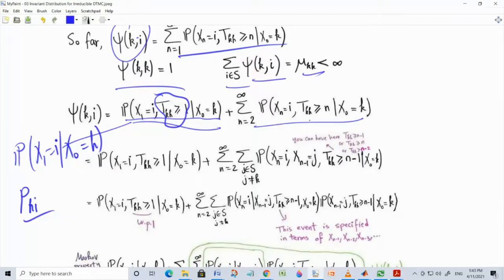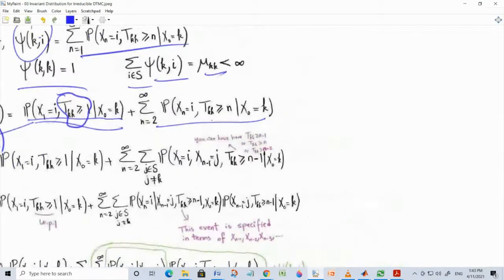Now we have a summation that starts from 2. What we will do is apply the law of total probability regarding the state of the discrete time Markov chain at instant n minus 1.